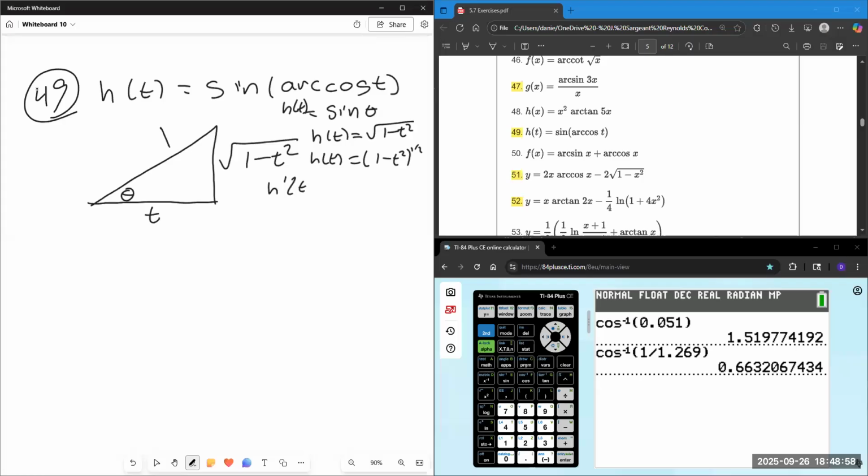H prime of t is equal to a 1/2 times 1 minus t squared to the negative 1/2 times the derivative of the inside, a negative 2t. The 2 and 2 cancel. H prime of t is a negative t over root 1 minus t squared. Right.